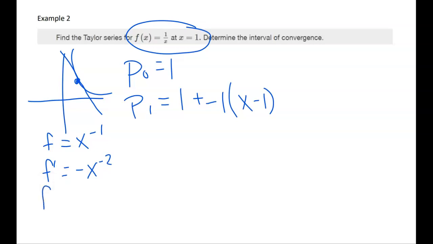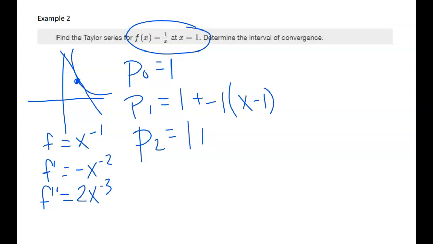All right, what's f double prime? That's going to be positive 2x to the negative 3. So plus 2 over 2 factorial. Let's write that as its own line so that we can see the pattern here.